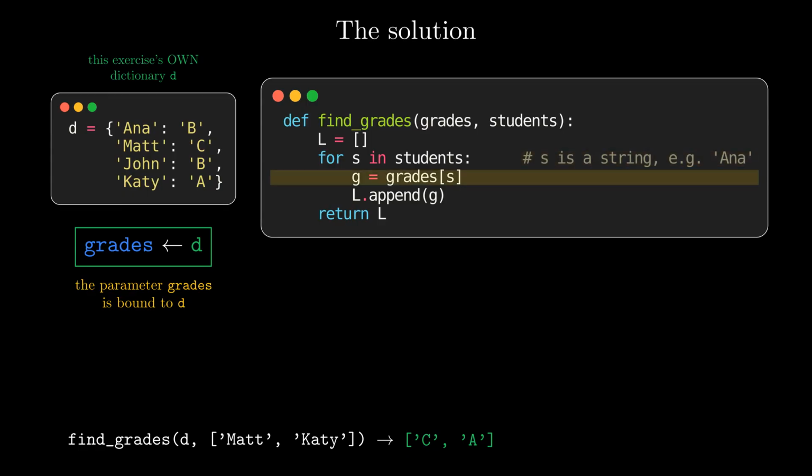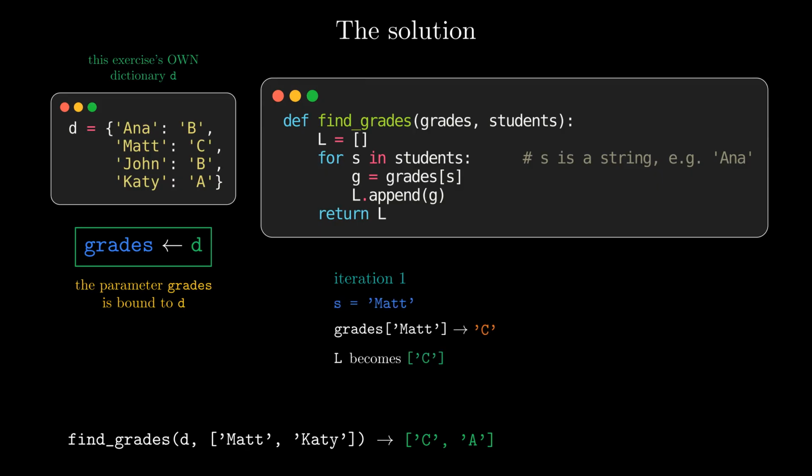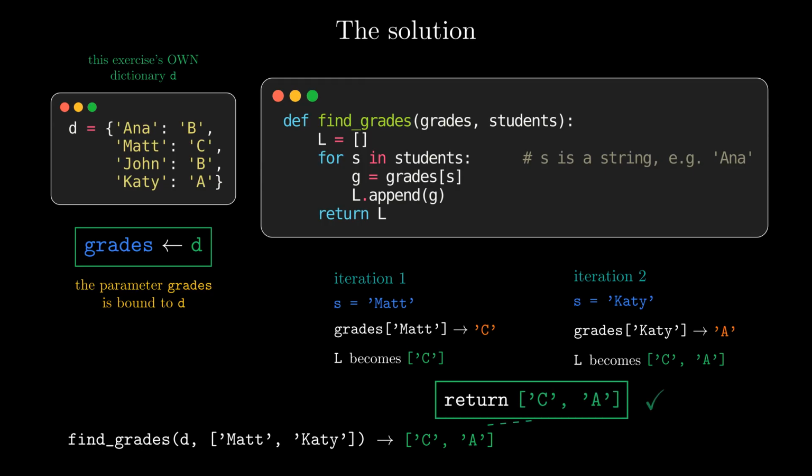For each S, look up that student's grade with grade, the parameter, which here is bound to D, indexed by S, save it in G, and append G onto L. When the loop finishes, return L. Run it on D with Matt and Katie, and out comes a list containing a C followed by an A, exactly what we predicted.